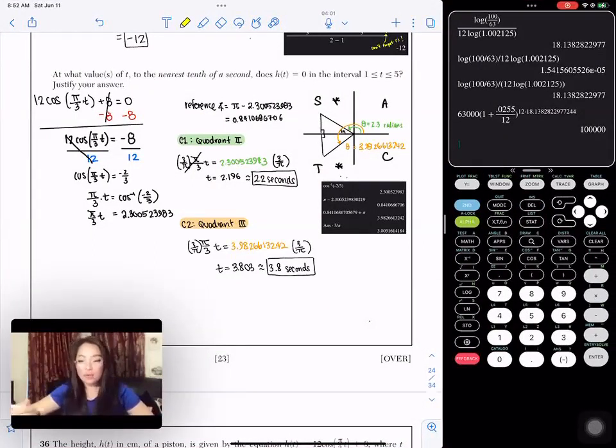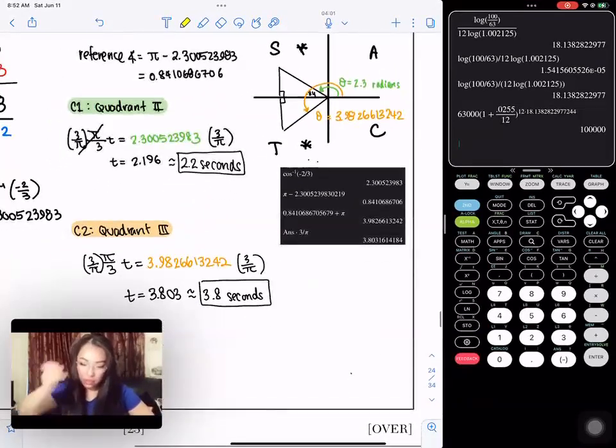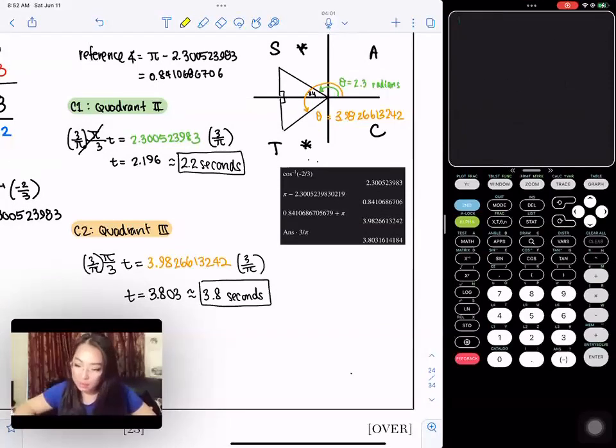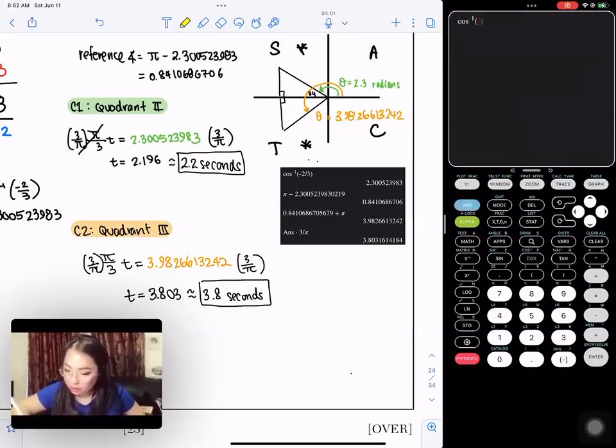I'll show you the second method, but this one is going to take the longest to digest. Everything is in pi radians, so your mode has to be in radians. And I'm going to do arc cosine of -2 divided by 3. So that gives me 2.3.